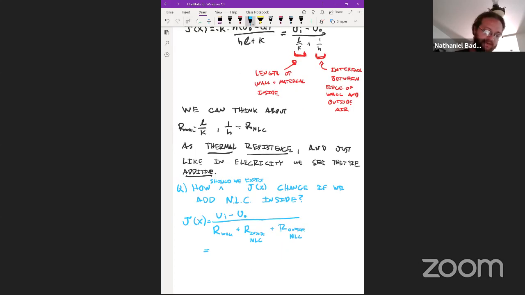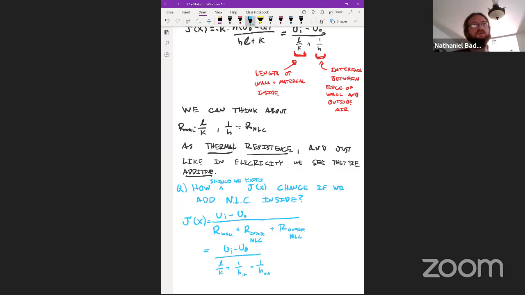Roughly this will be UI minus U0 divided by L over K plus 1 over H in plus 1 over H out.